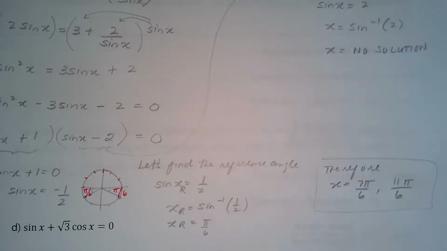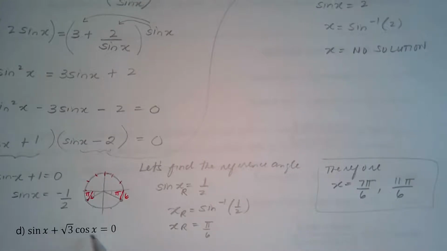Okay, so I hope you're finished copying that down, and then we'll go to letter D. So letter D looks like this. So sine of x plus root of 3 cos of x equals to 0.